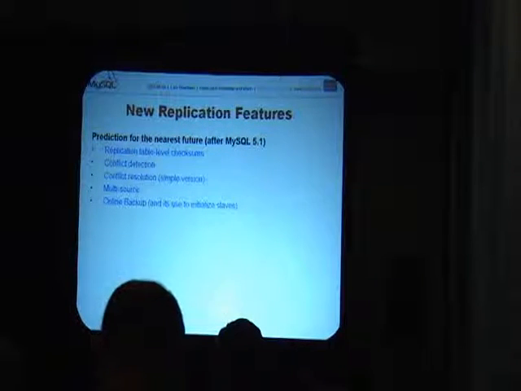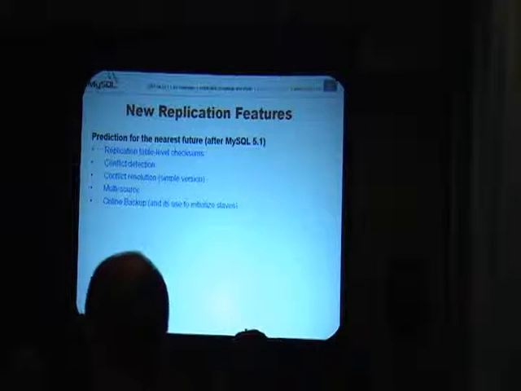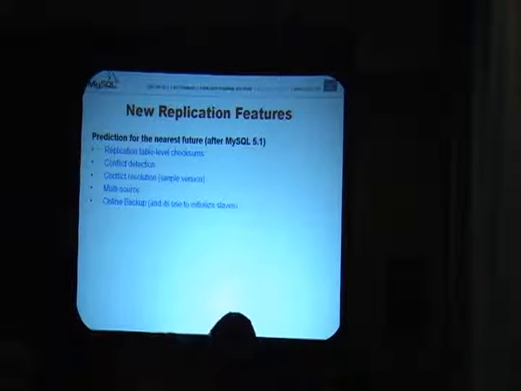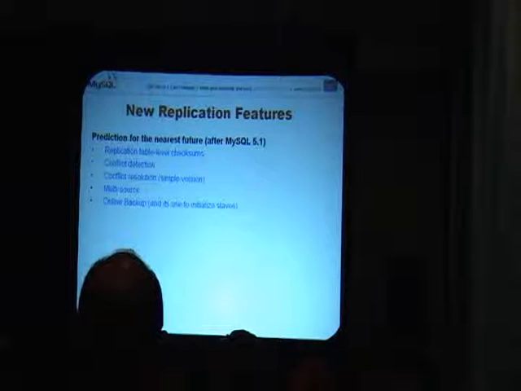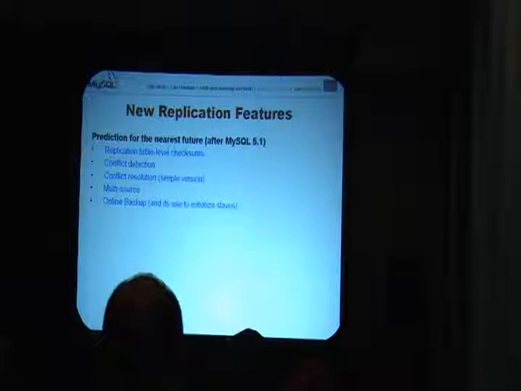And this is my guess of which will be the 5 features after this release. It's that we will have checksums when we check the tables on the master and slave during replication and check that they are the same, so that when things are not the same, replication will tell you that something is wrong with this table. So it's extra information.